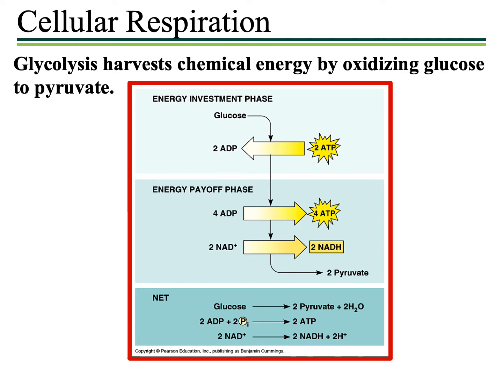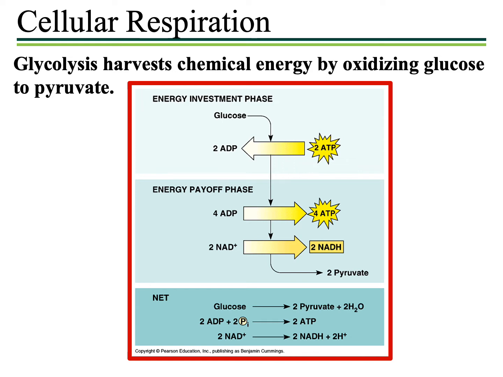The first stage, or metabolic stage, of cellular respiration is glycolysis, like we discussed in that summary slide. Glycolysis is a mechanism that itself is multi-step and is divided into two phases.